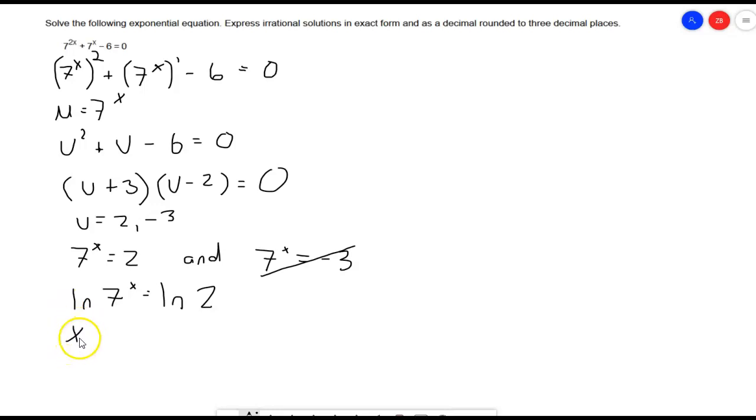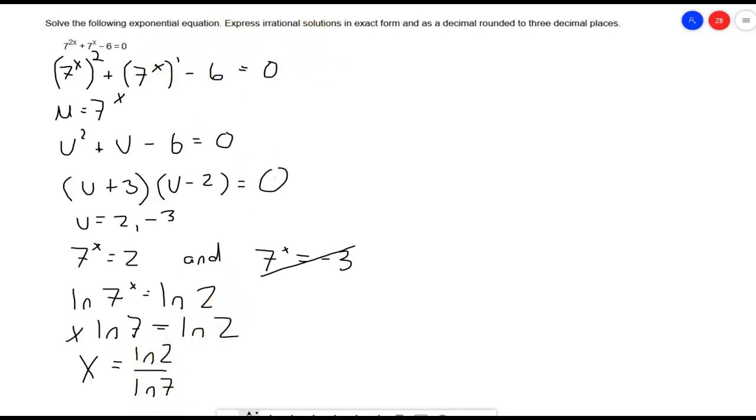So this becomes x times the natural log of 7 is equal to the natural log of 2. And finally, I'm going to divide both sides by the natural log of 7, and I get x is equal to the natural log of 2, all divided by the natural log of 7. So that is my answer in the exact form.